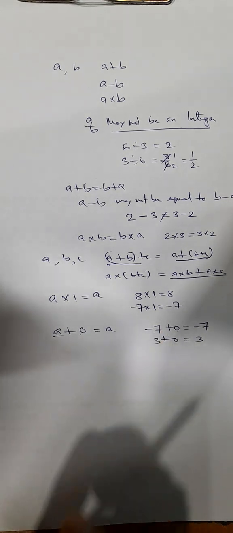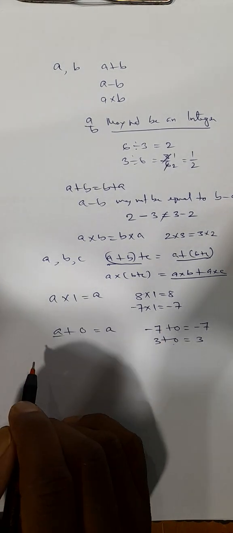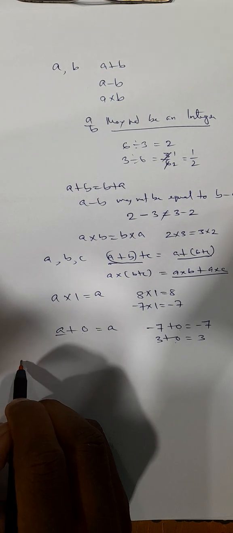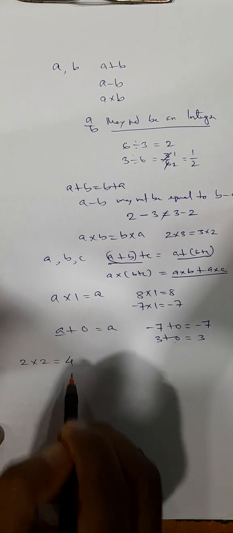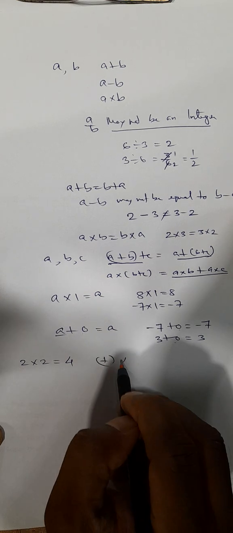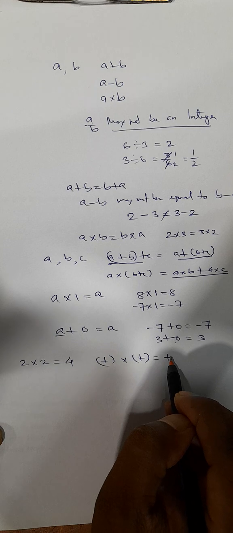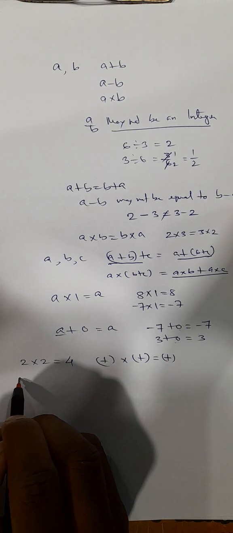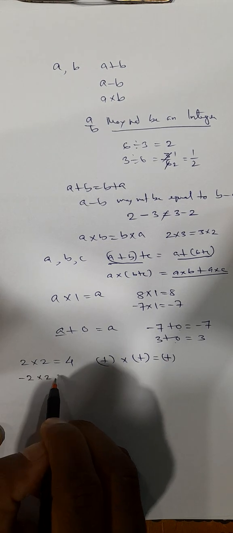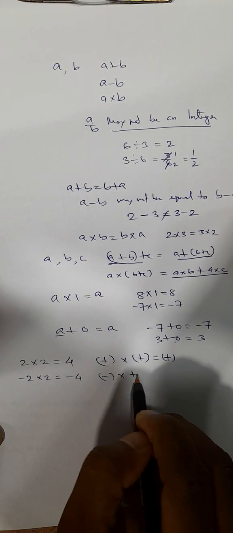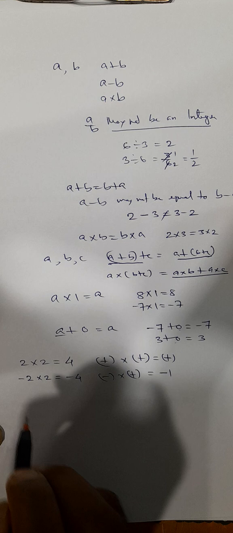Again, we have discussed the properties of multiplication. Say, for example, the product of two positive integers is a positive integer, plus multiplied by plus is positive. The product of a negative integer and a positive integer is negative, which means minus multiplied by plus equal to minus.